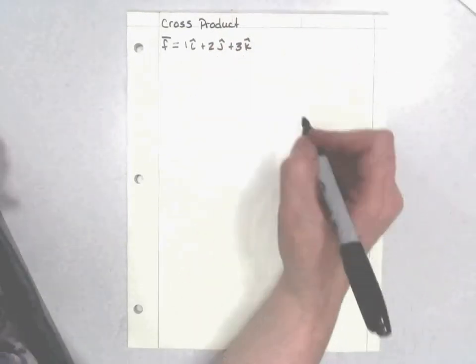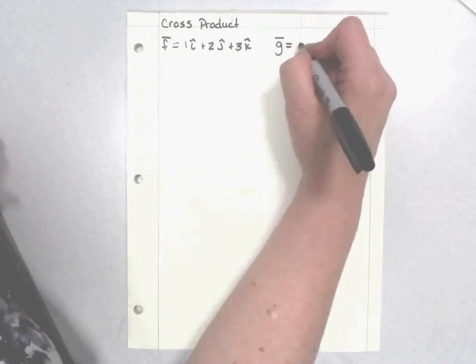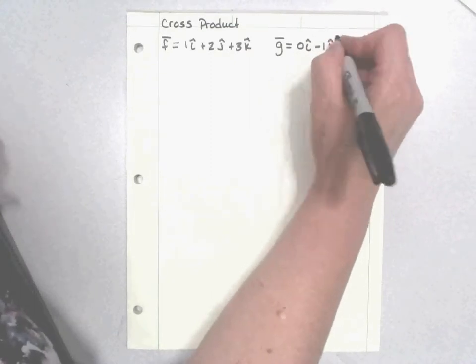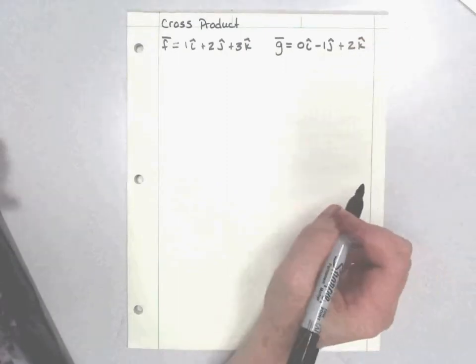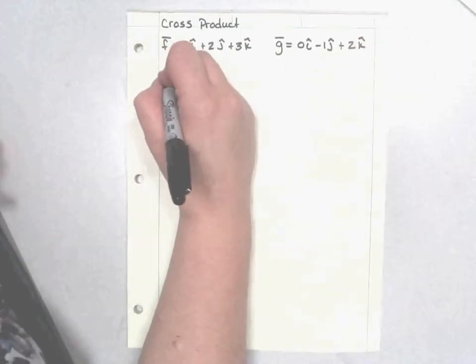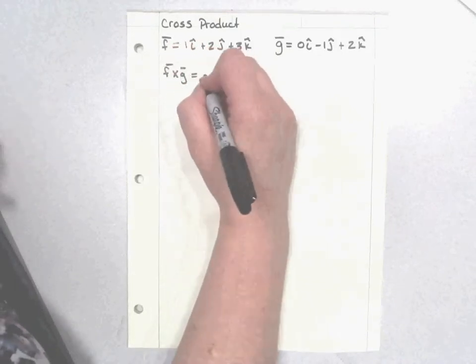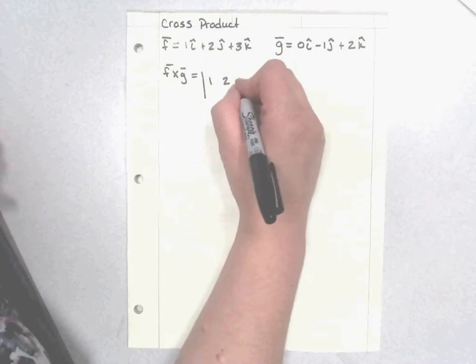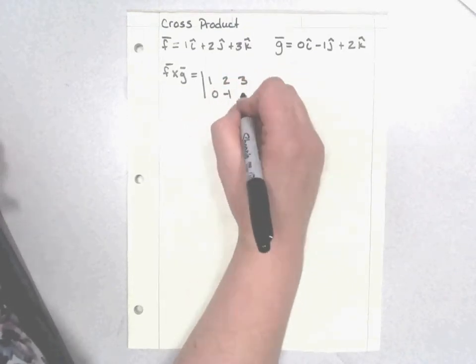And my g vector, I will say, is equal to 0i minus 1j plus 2k. Okay, so I still set this up the same way. I have f cross g, which is equal to 1, 2, 3, and 0, negative 1, and 2.